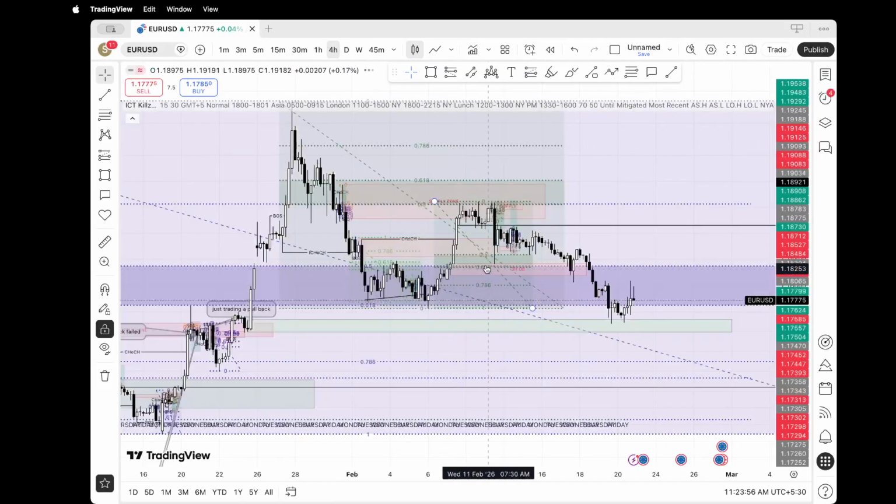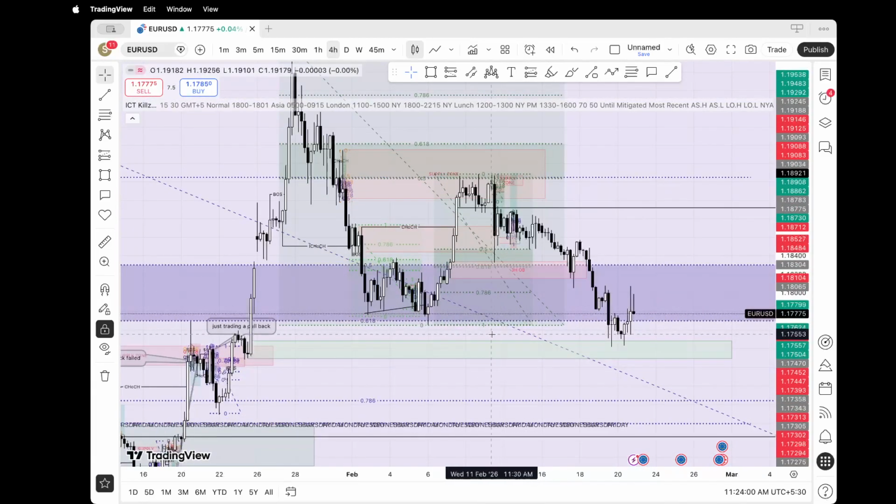Daily is bullish, but it is retracing. It is in a good retracement zone, and we took the trade around 11th of Feb. Good sell trade. 11th of Feb, 5:30.